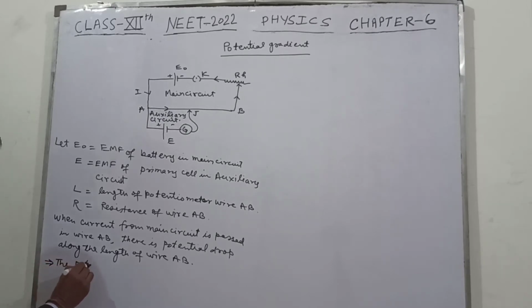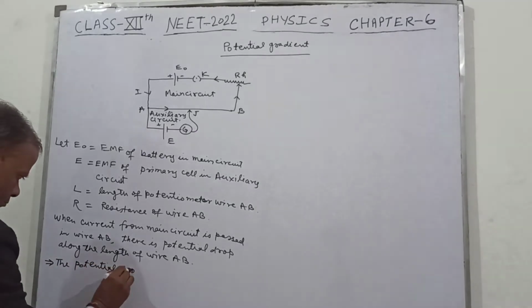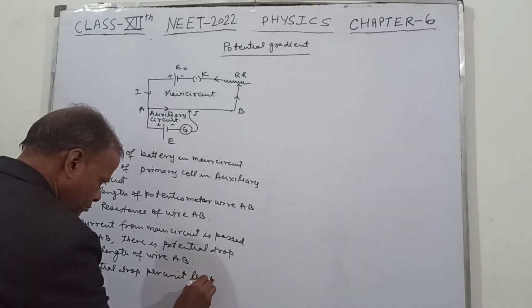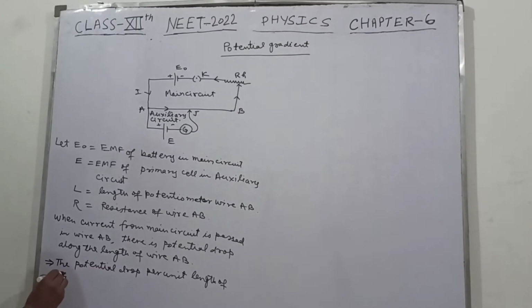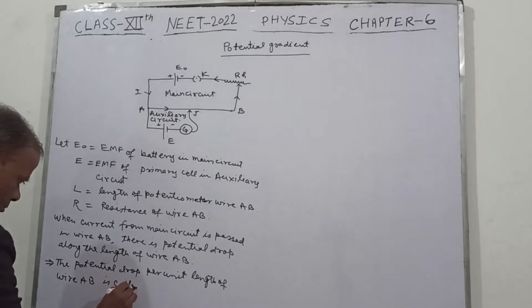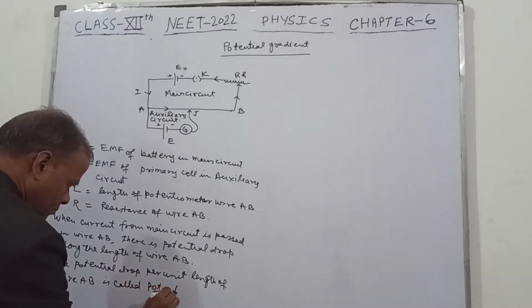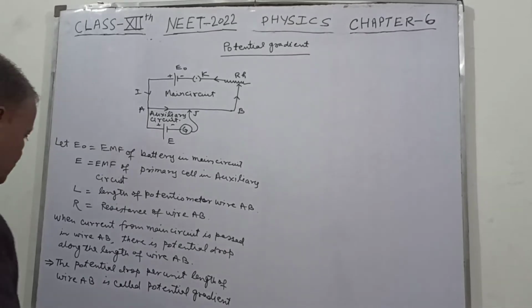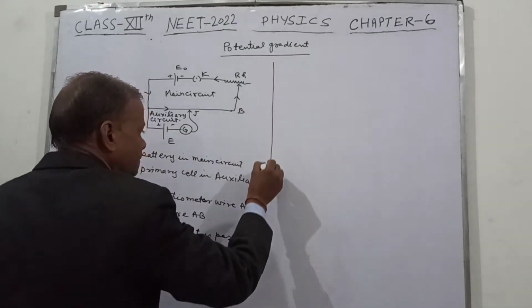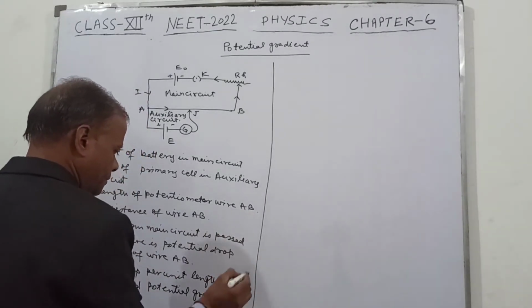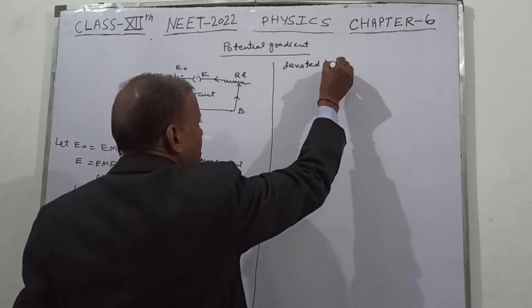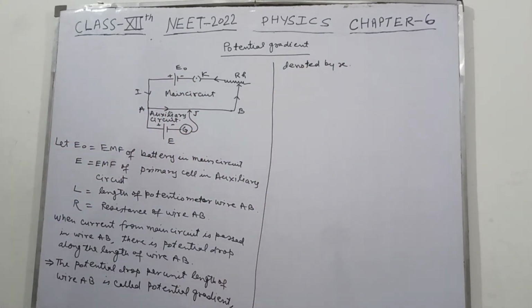The potential drop per unit length of wire AB is called the potential gradient, denoted by X. So this will be how much?